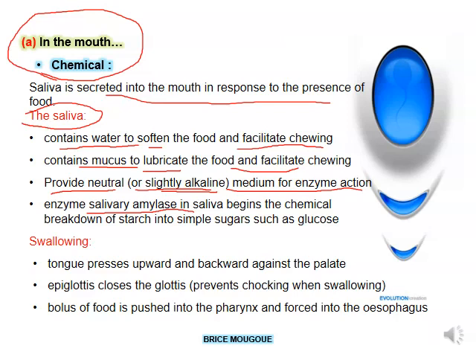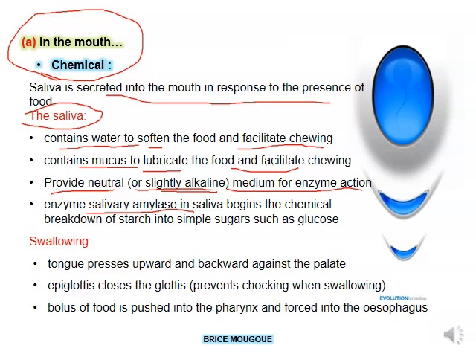Remember in your grade 10, you were taught that enzymes are affected by temperature and pH. So some enzymes work best in alkaline environments or in neutral environment or in acidic environments. The salivary amylase that's produced in saliva found in our mouth will want to work in an alkaline environment. That is why it is important for the mouth to be alkaline so that the salivary amylase can work efficiently.